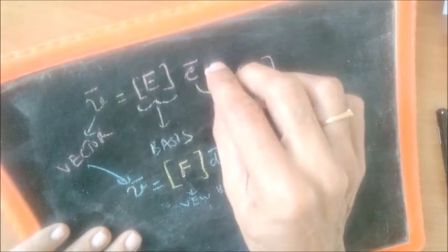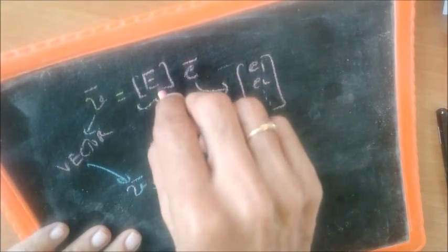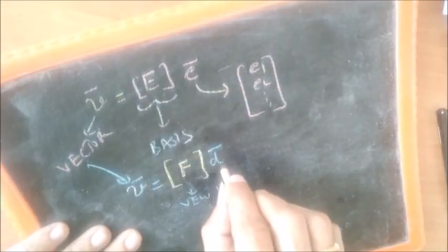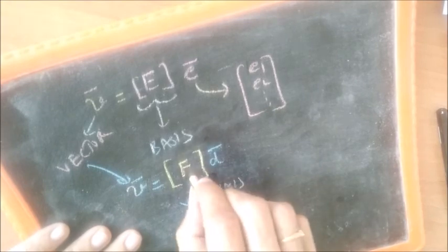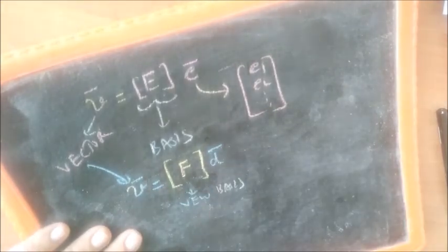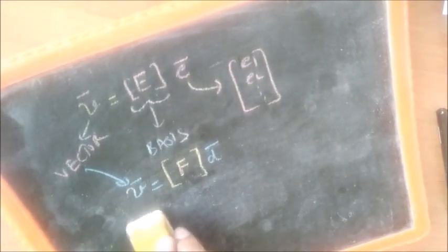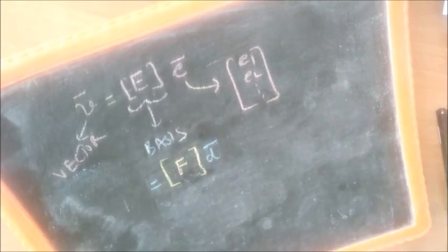These are the old set of coordinates and the new set of coordinates. These were the coordinates when the basis was E for this vector. This is the new set of coordinates when F is the basis for the same vector. And this is what we have to find out. This can be easily done as we saw in the previous example.